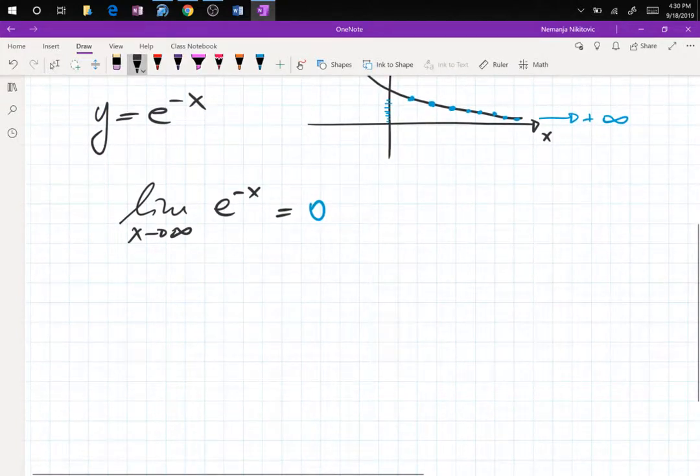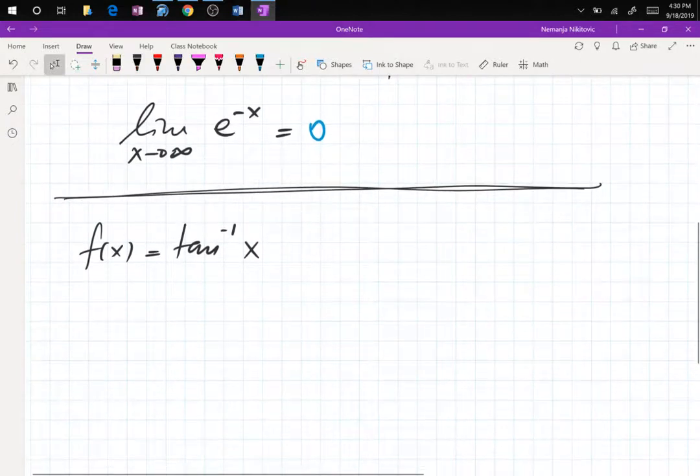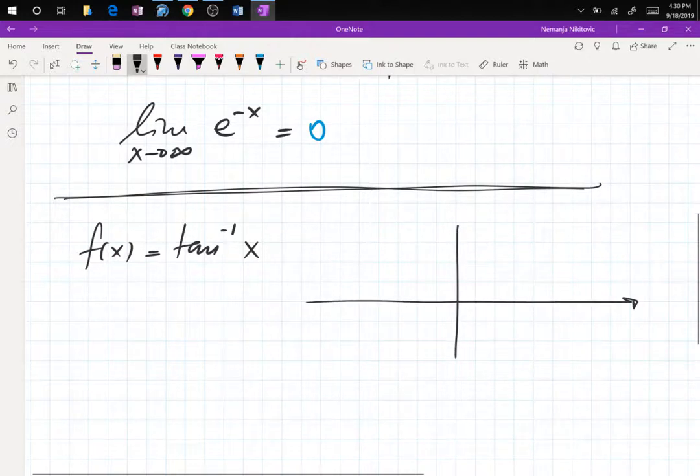Another good example that you are going to run into and need to know is the graph of inverse tangent. So you have your f of x equals tangent inverse of x. A lot of people don't know the graph, and you should, because this is going to pop up, especially in Calc 2 and differential equations.